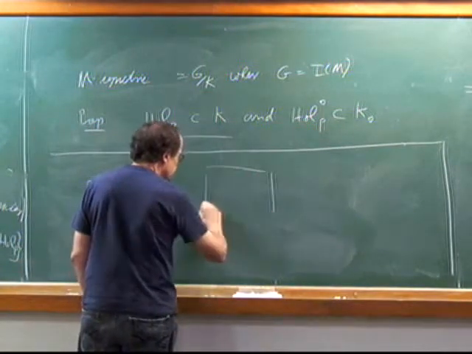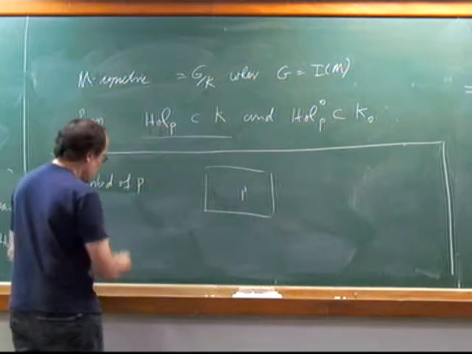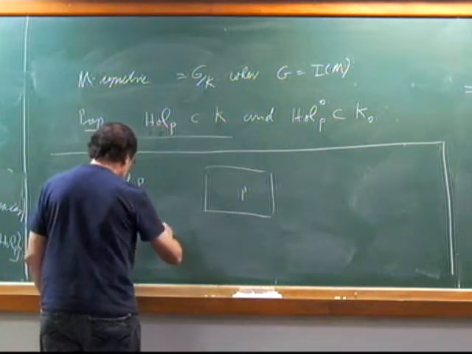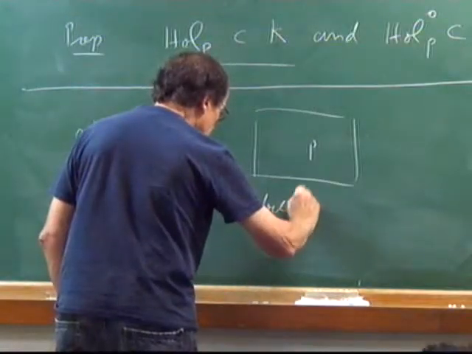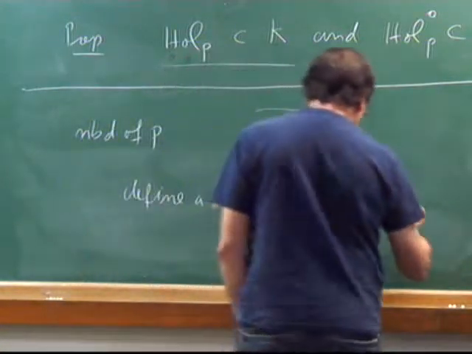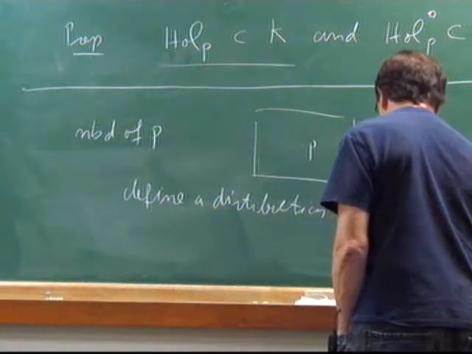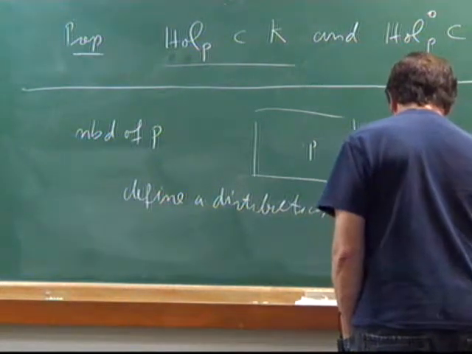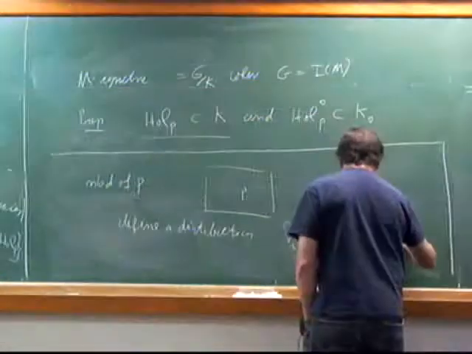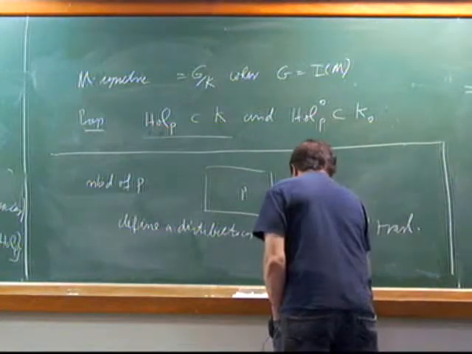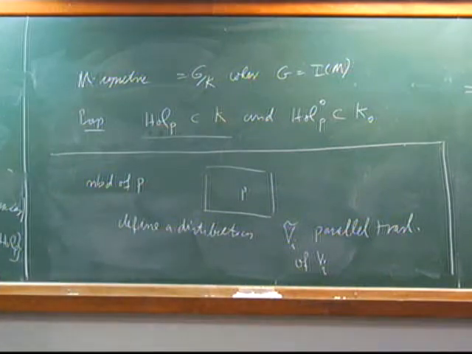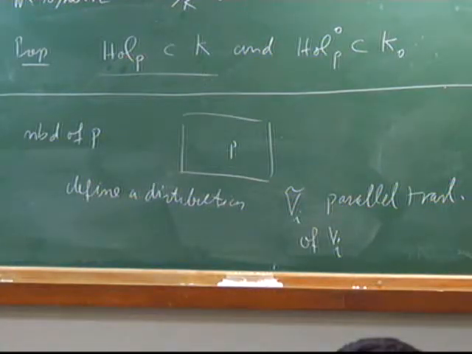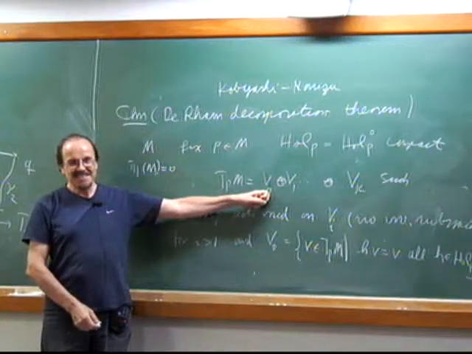I can do the following. Define the distribution. Let's call it V_i tilde, by parallel translation of V_i. So why is that well defined? Because Hol_p preserves this.